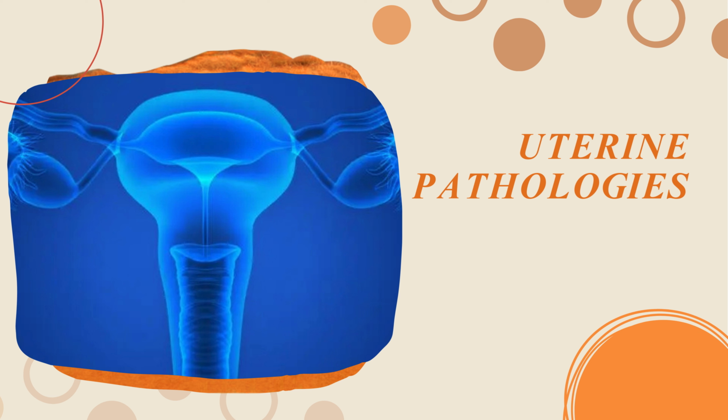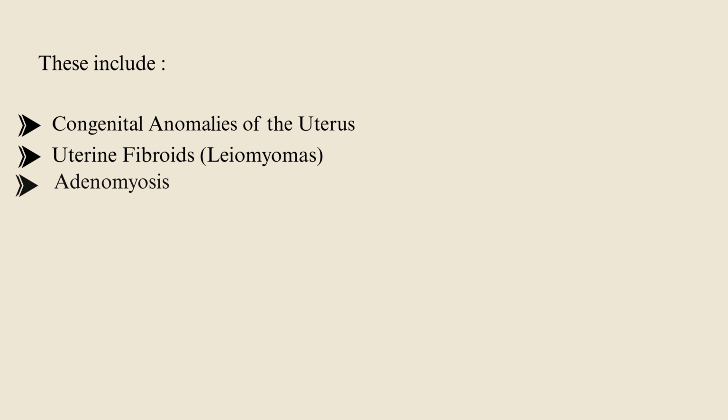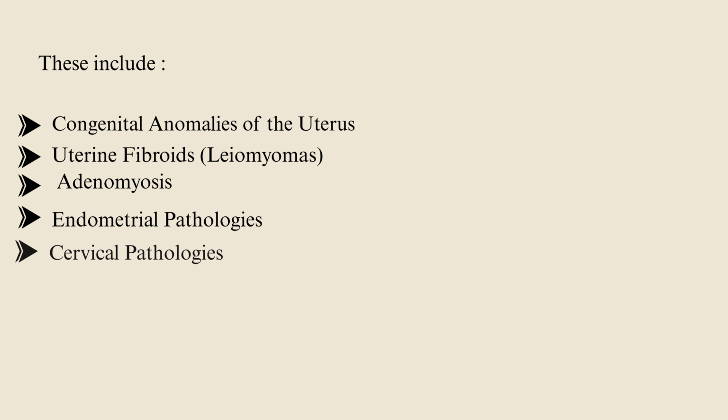Let's discuss uterine pathologies now. Uterine pathologies are congenital anomalies, fibroids, adenomyosis, endometrial pathologies, and cervical pathologies.